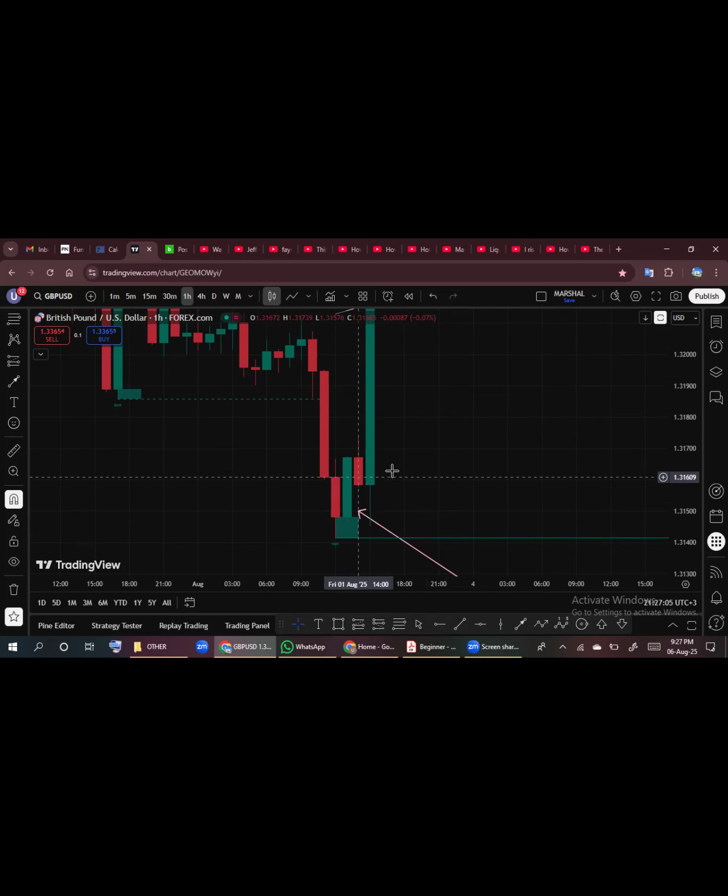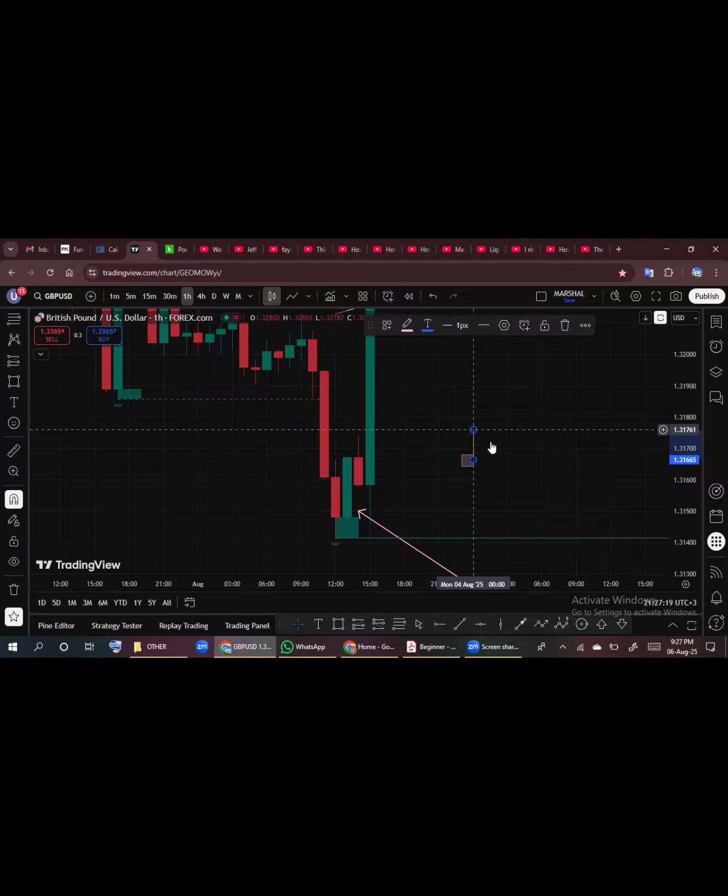This is an inverted hammer. So you find the candlestick, an inverted hammer candlestick. Okay, so it's most times like this. Let me show us. This is an inverted hammer.